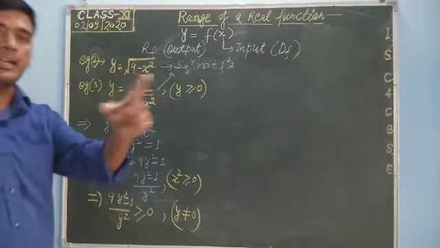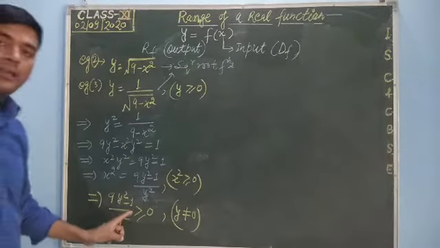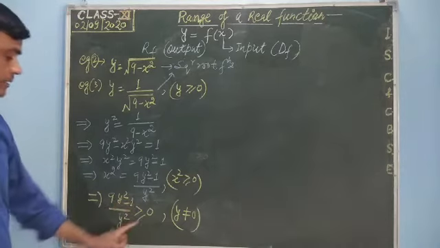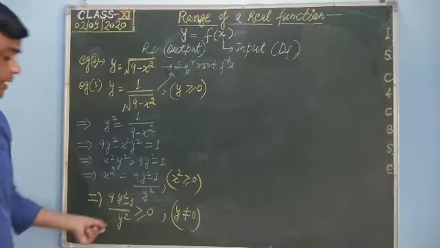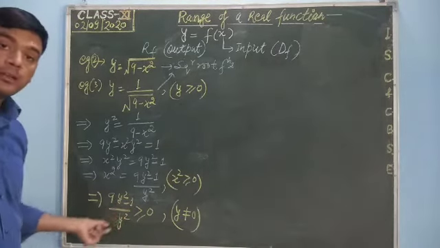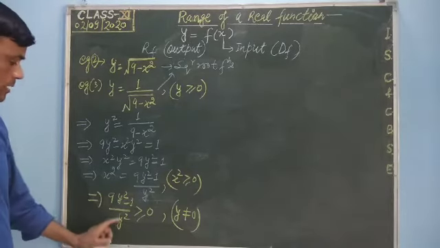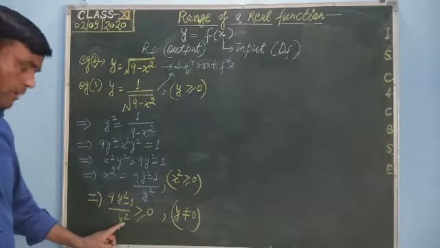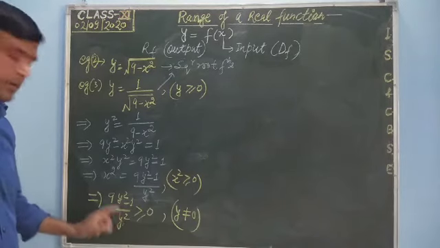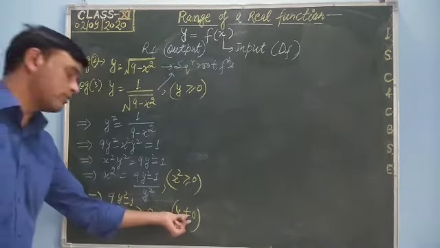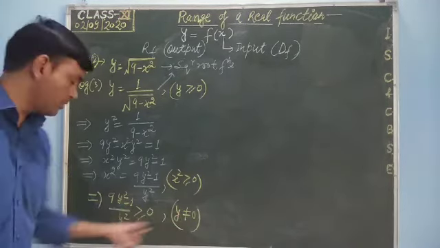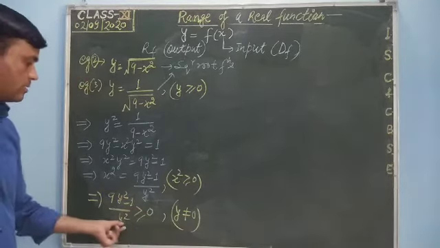Remember in your mind, again I am reminding you, if an inequality is given in this form, we never cross multiply. Here y square may be positive or negative, we can't say. But y cannot be 0, so y square is positive.